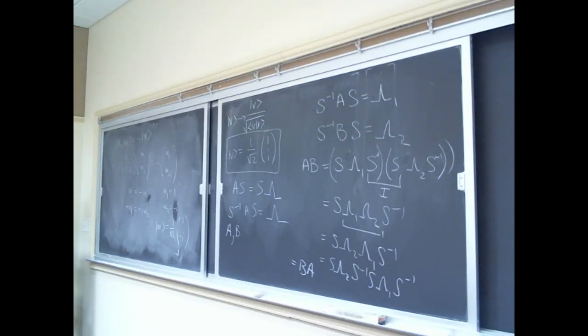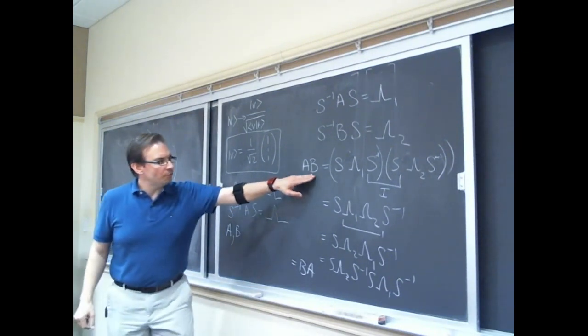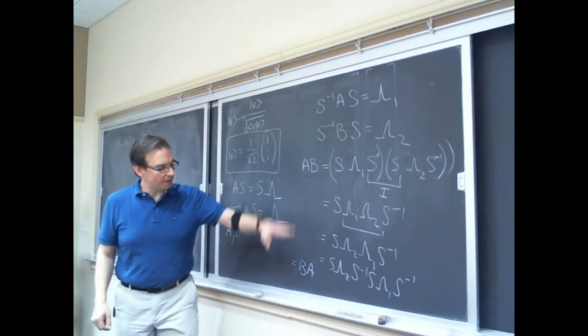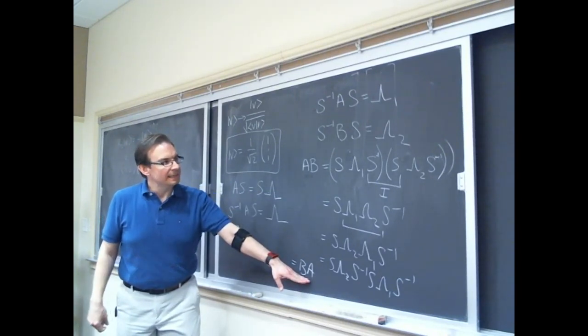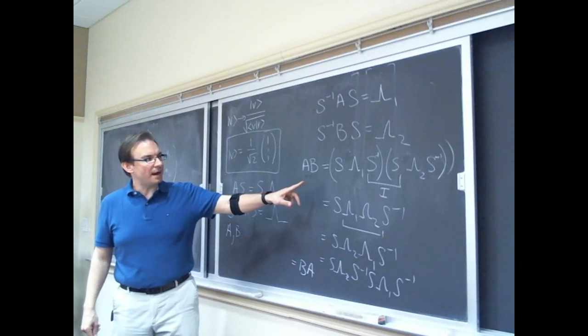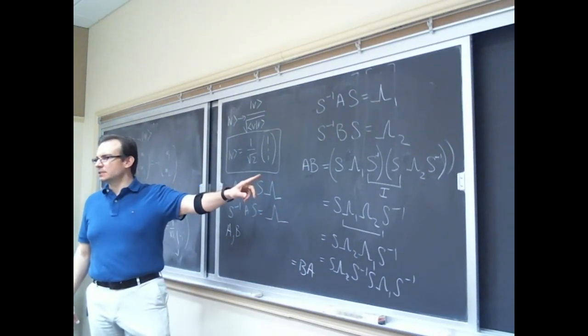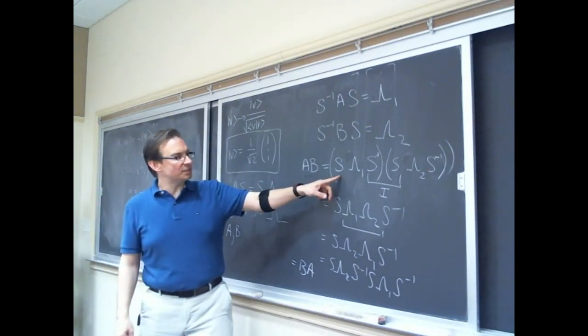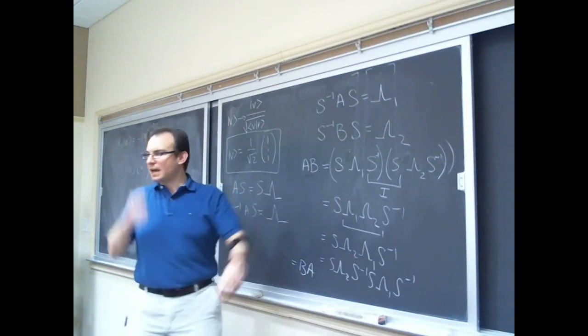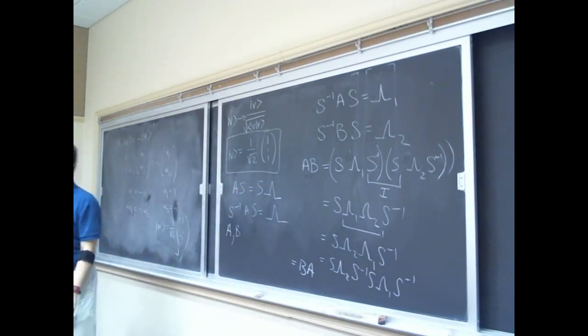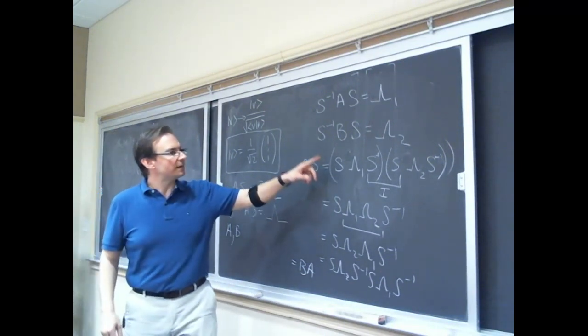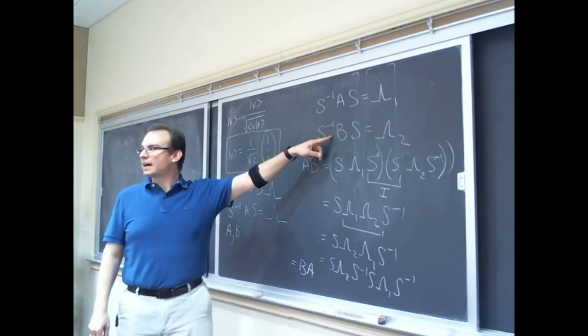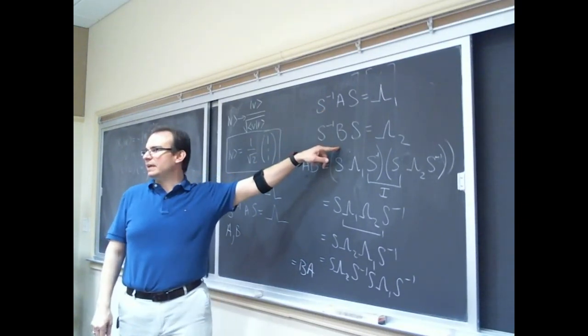when we talk about the expectation value of operators and the variance of operators, if two operators commute in a vector space, it means that they share a common basis of eigenvectors. Remember, this matrix S has columns that are eigenvectors. If the columns are eigenvectors of A, and they also diagonalize B, then they're eigenvectors of B as well.